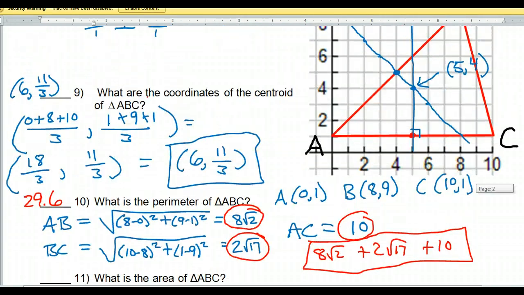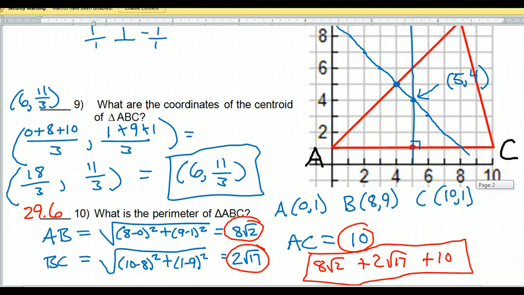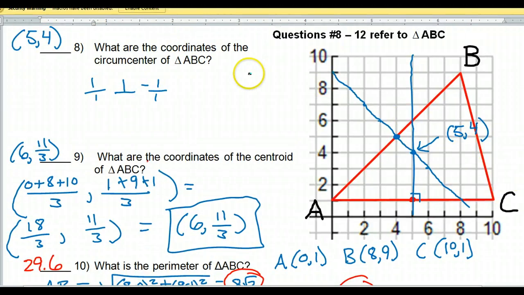Anyway, looking at this picture, the base is AC. That's 10. You could count the squares.